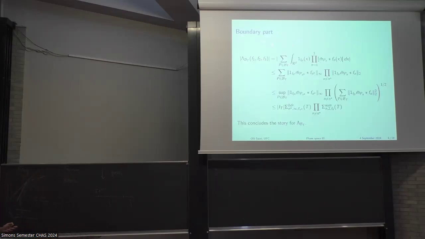So we bound first the boundary part of the tree, and this is absolutely easy. In the first line, we have written just the definition, and then we just do Hölder's inequality in the integral. So one of the functions we pull out as an L infinity norm, and the other two we take as L2 norms, and then we are left with the sum.